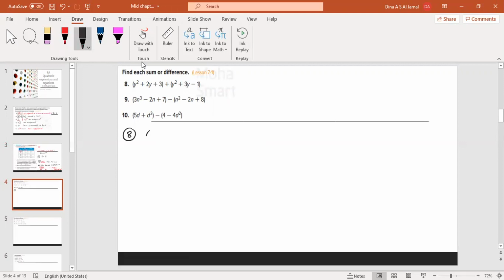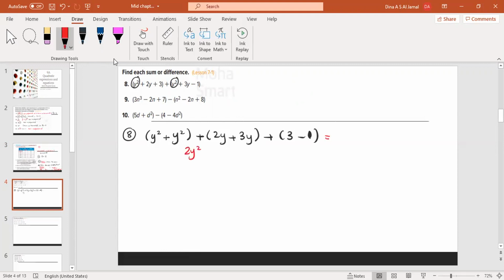You will be taking y squared plus the other like term y squared, then 2y will be with the other 3y, plus 3 minus 1. Now all you need to do is simplify this, so it will be 2y squared plus 5y plus 2.